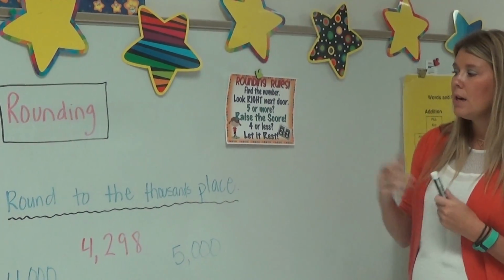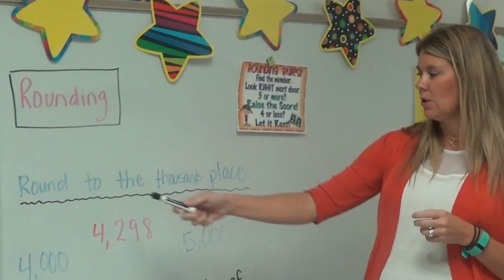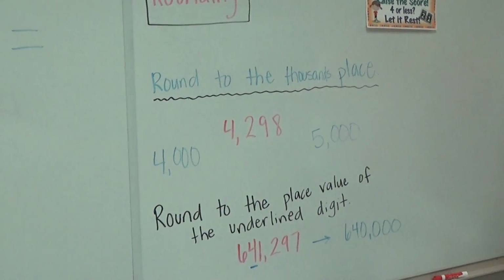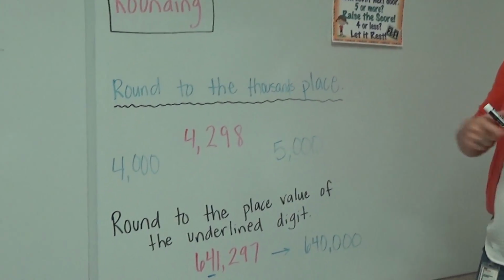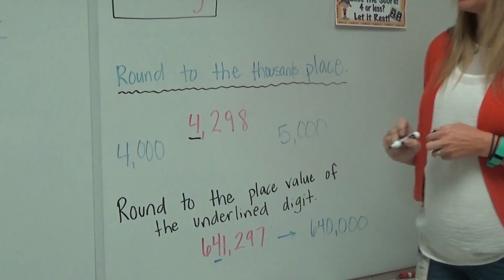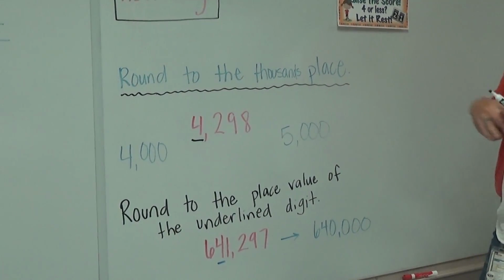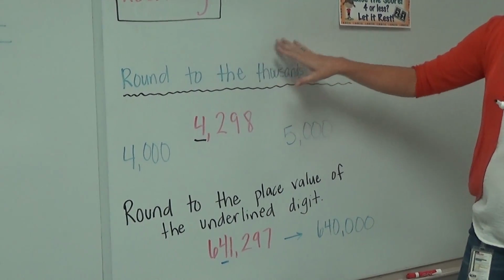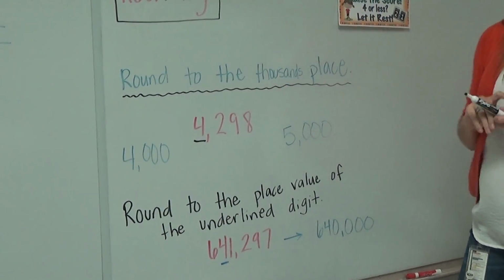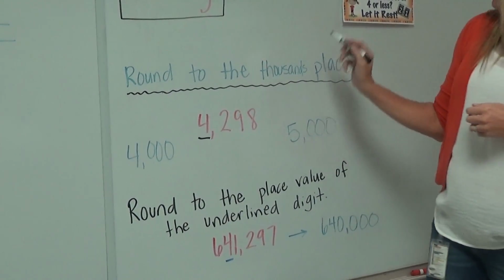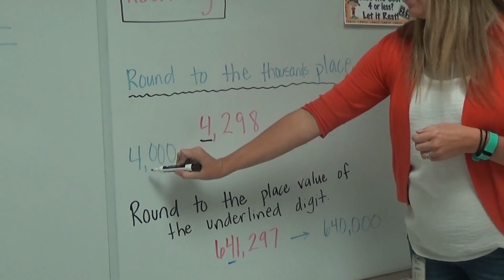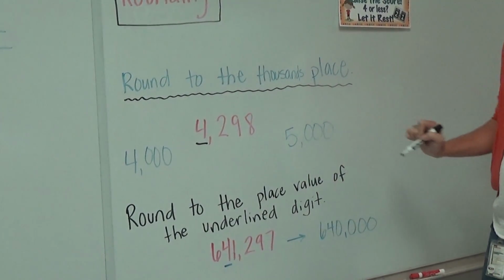One way, the students might be asked to round to the thousands place. They're not given that place, but they need to know that here our 4 is in the thousands place. Sometimes it might say 10,000s or 100,000s, so we're going to work all the way up to the millions. We're either going to round down to 4,000 or round up to 5,000.